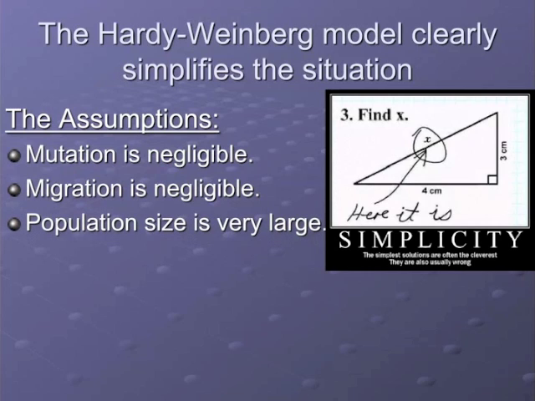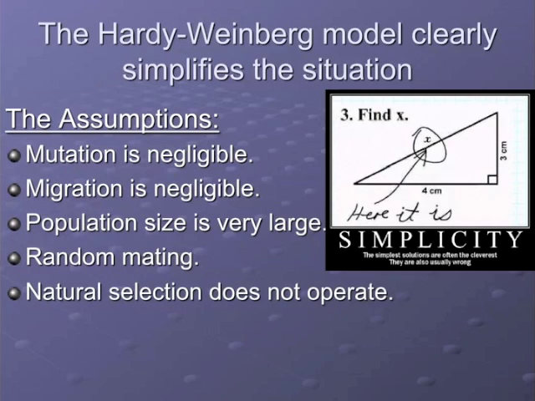Population size is very large, which often occurs, but there are some populations that are very small, and in a very small population, you might actually lose an allele. And there's random mating. All the red flowers don't mate with the red flowers and white with white, but it is random, so hence the heterozygous cross is assumed in random mating. And then lastly, there's no natural selection.